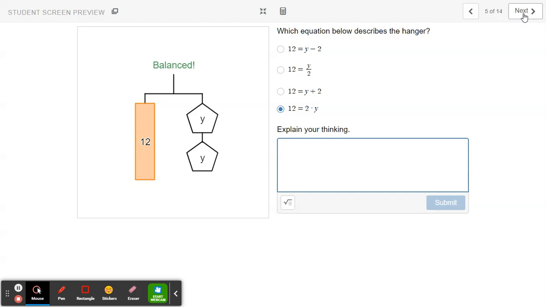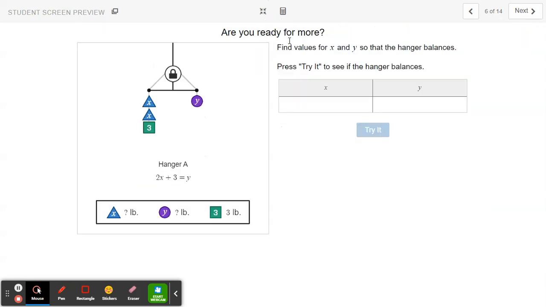Let's see here. The one side 12 is equal to 2 y's, which means 2 times y, or just 2y would be the same as well.